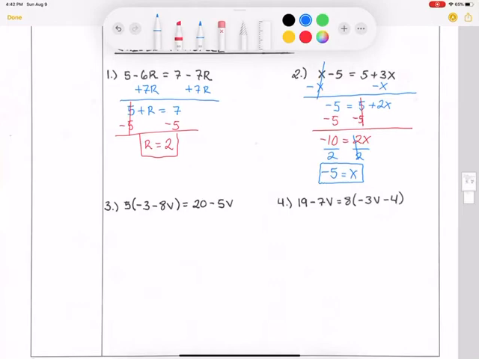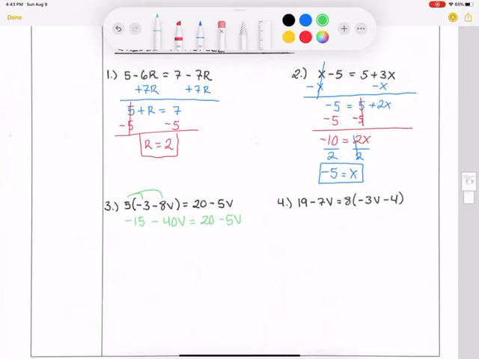In example 3, I have a little bit of distribution. I have some parentheses I'm going to get rid of that way. So first thing I'm going to do is distribute the 5 to both of those pieces. So I have negative 15 minus 40v equals 20 minus 5v. Okay. Now I have v's on both sides. I need to choose one to move.